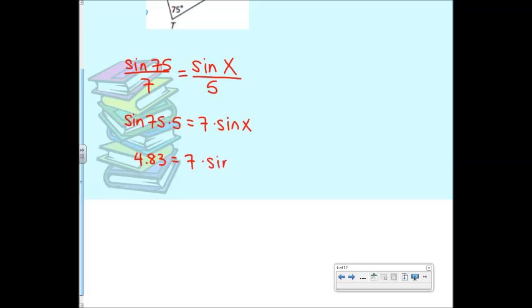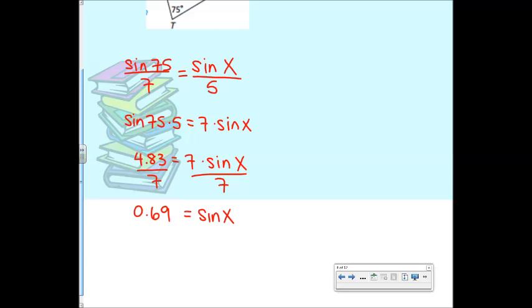Now, what do I have to do next? I have to divide by 7. And it should be some kind of small decimal, right? Now how do I finish? Because remember, I'm not looking for sine x, I'm looking for x. So how do I get rid of this sine x?